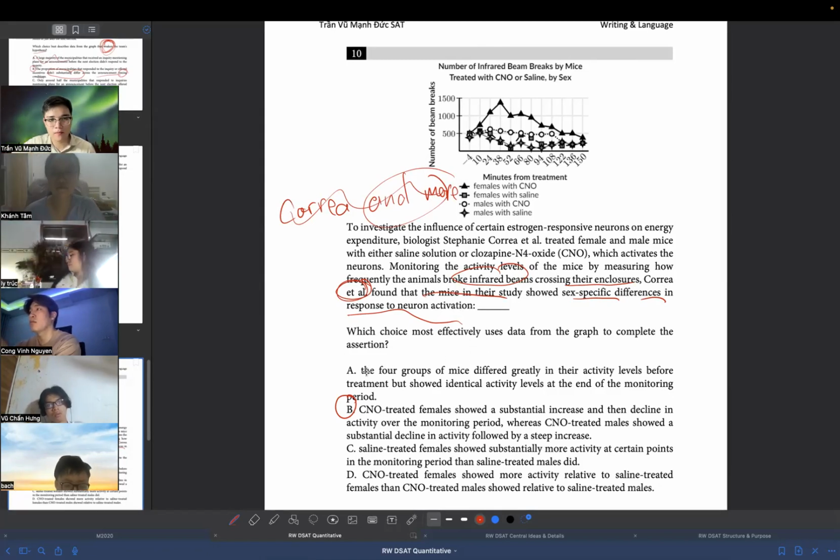So we're going to eliminate one by one. The 4 groups of mice differed greatly in the activity levels before treatment, but were identical. This is wrong, identical. We're looking for differences. Saline-treated females versus CNO-treated females: they show substantially more activity at a certain point than the square and diamond.